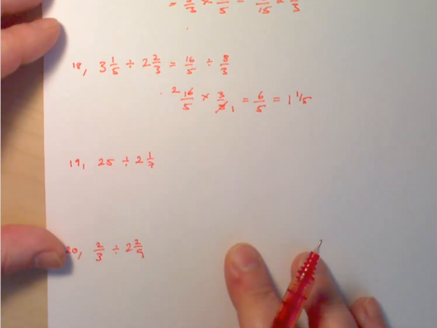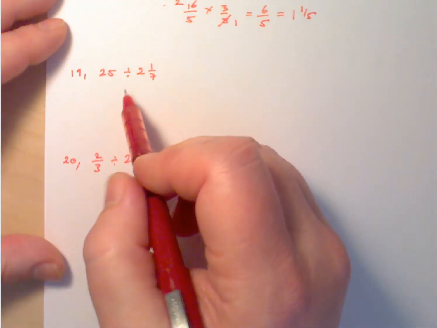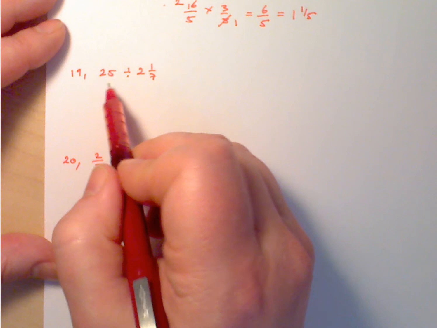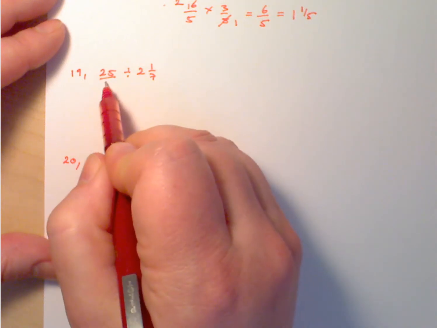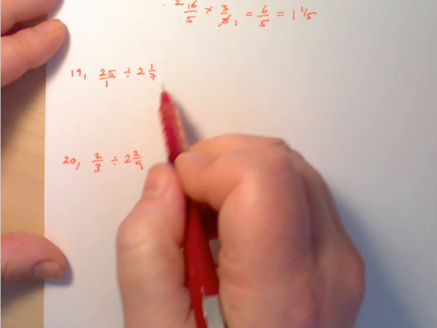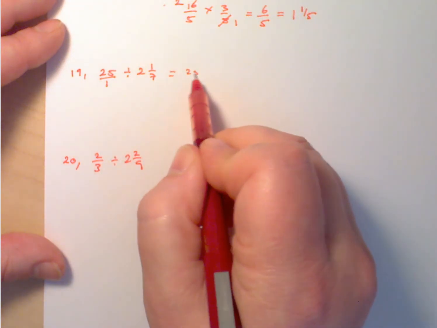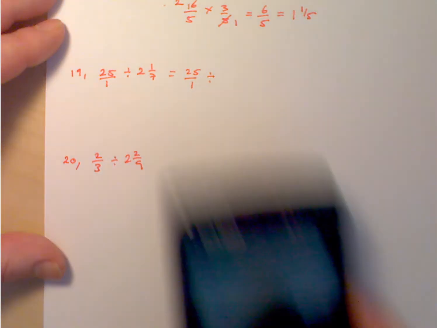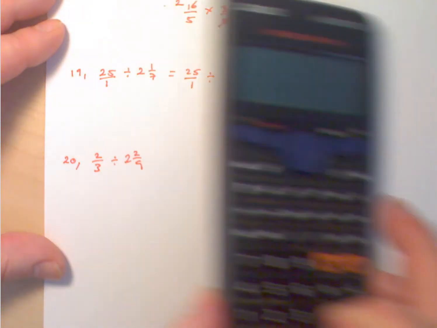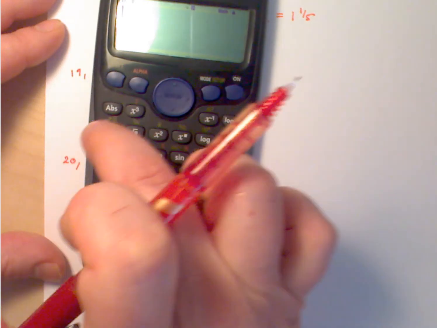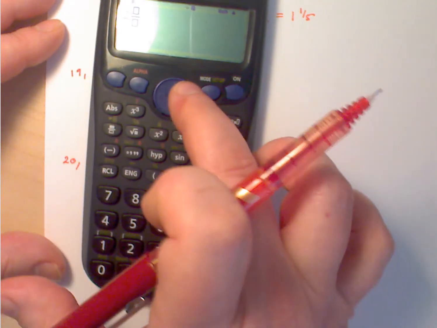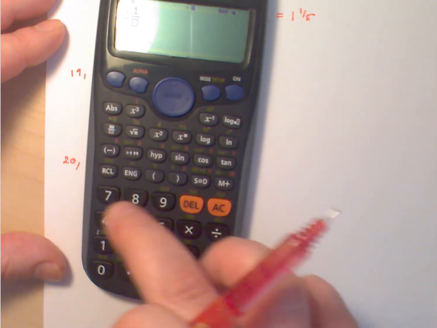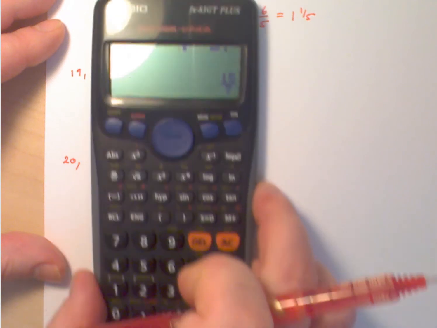So this one is a regular number and it needs to be changed into a fraction. So I'm going to put it over 1. And so I'm going to get 25 over 1 divided by, and this one I'm going to cheat, I'm going to go 2 and 1/7. So mixed number button, remember, 2 and 1/7 is 15 over 7.